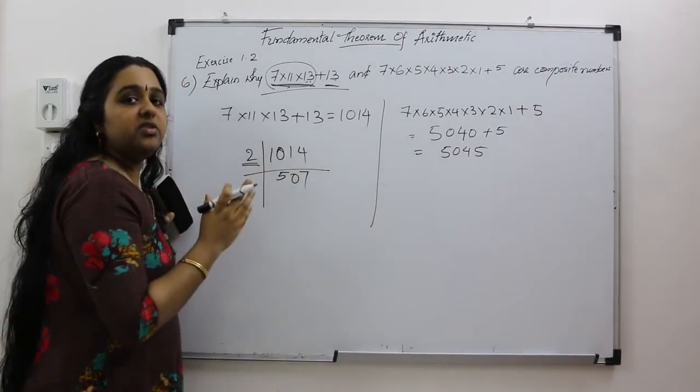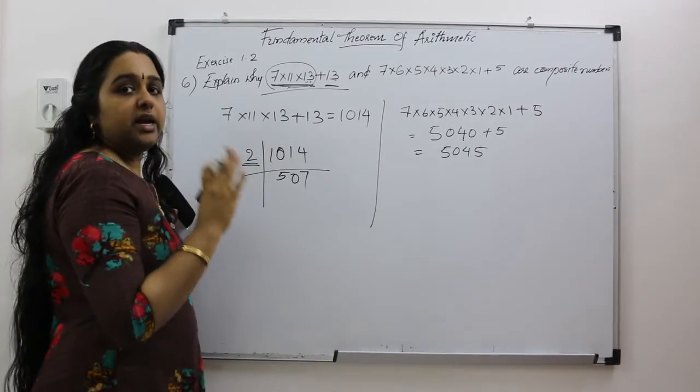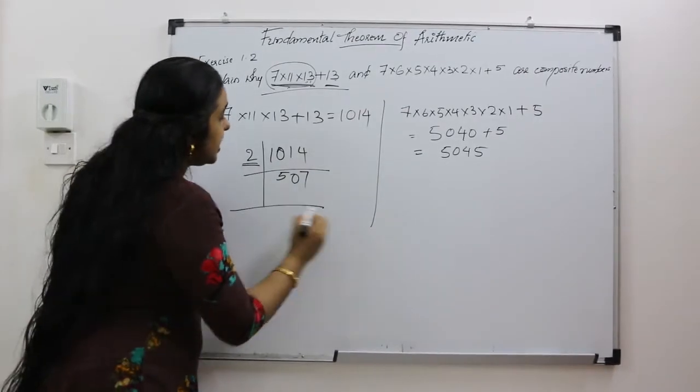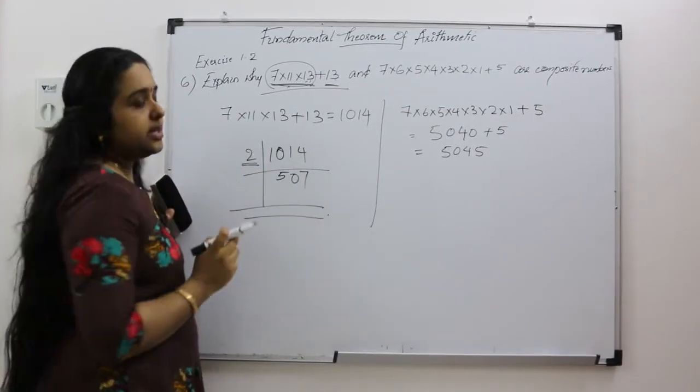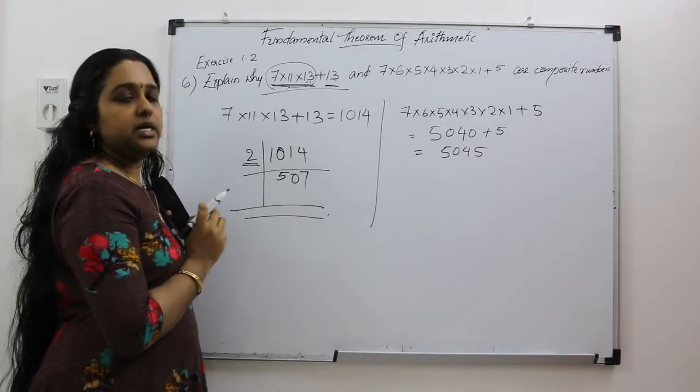Any number which has a factor other than 1 and that number will definitely be a composite number. So 1014 is a composite number.